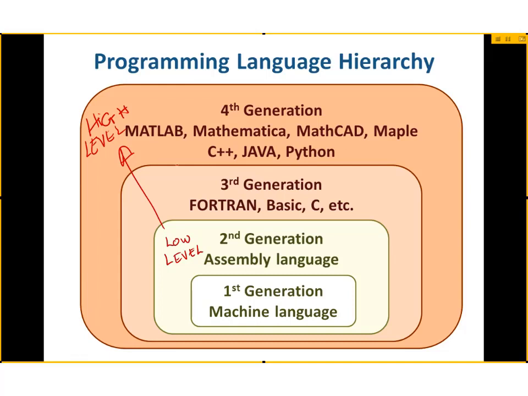Some of those that you may be familiar with are things like C++, Java, Python, what we will call object-oriented programming languages that are intended to do fairly high-level tasks with a moderate number of instructions.